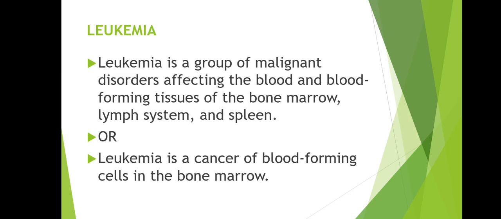So leukemia is a group of malignant disorders affecting blood and blood-forming tissues of the bone marrow, lymph system, and spleen. Under physiology, you have learned the process of hemopoiesis.